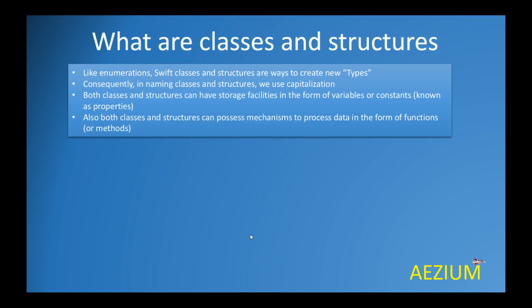Similar to enumerations, Swift classes and structures are ways to create new types in Swift. For that reason, we should use capitalization when we are naming classes and structures.